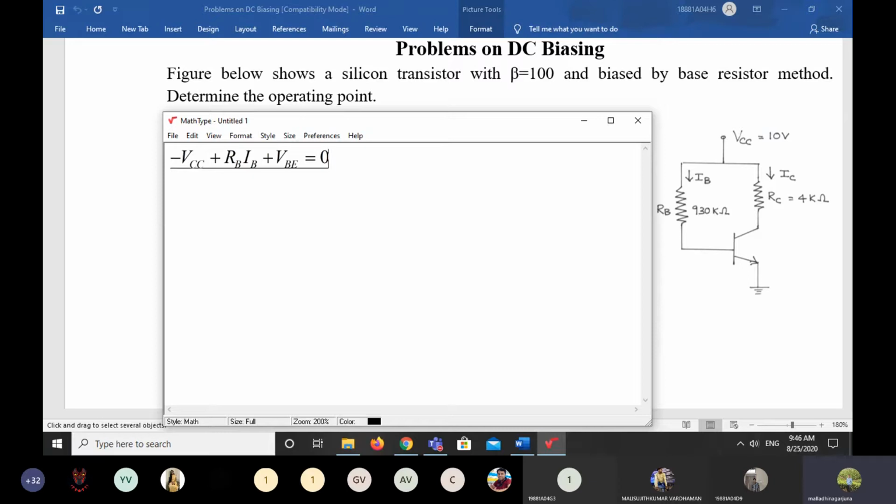Here VCC equal to 10 volts means the positive terminal of the battery is connected to the RB and RC resistors, whereas the negative terminal is connected to the ground. If we had VCC equal to minus 10 volts, it would mean the negative terminal of the battery is connected to the RB and RC resistors and the positive terminal is connected to the ground. So see that polarity, whether VCC is positive or negative.